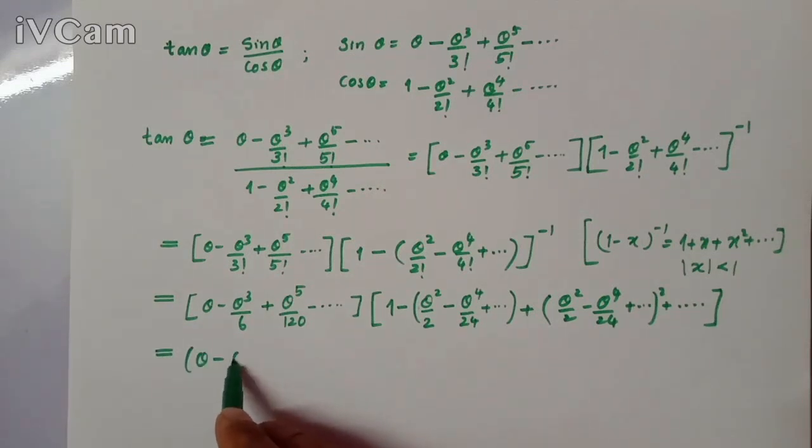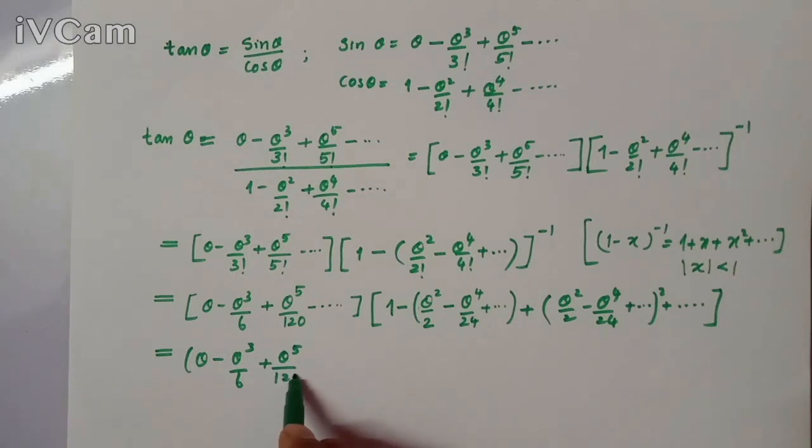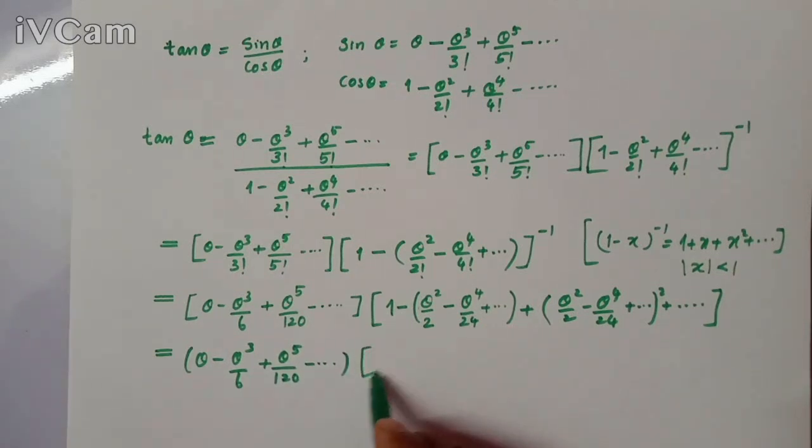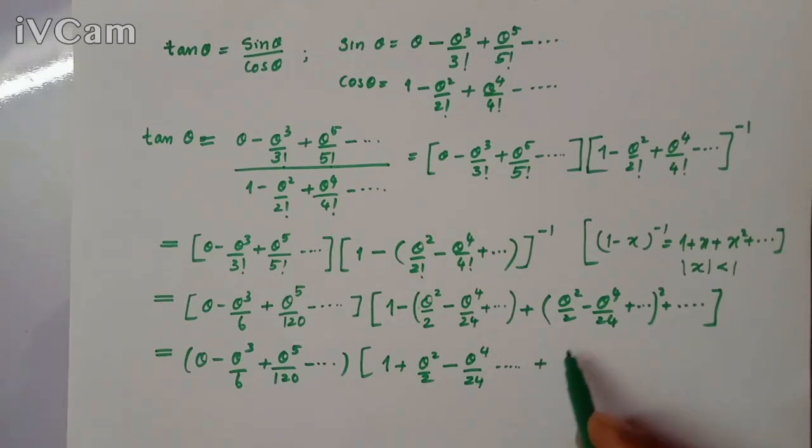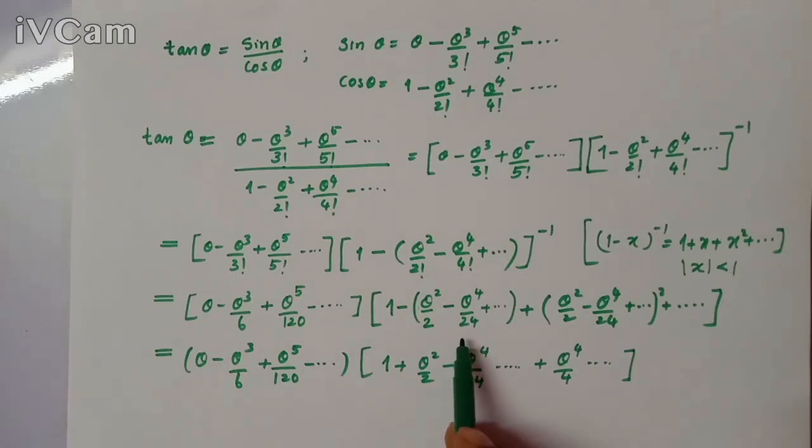So this will be equal to theta minus theta cube by 6 plus theta raised to 5 by 120 minus etc., into, this can be simplified as 1 plus theta square by 2, then minus theta raised to 4 by 24 etc., plus, here we have theta raised to 4 by 4 etc. Sorry, here we have a plus sign.